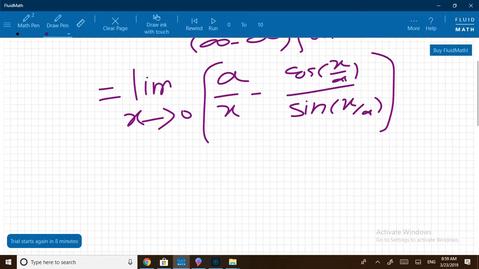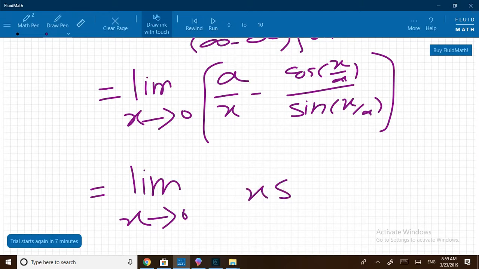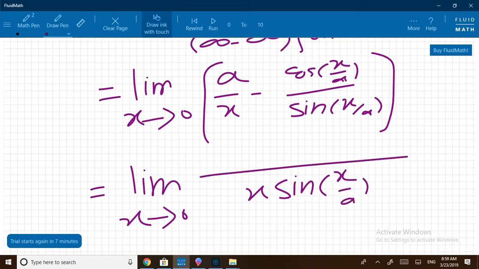So now take the LCM. The limit as x approaches 0. The LCM is x and sin of x by a, which gives a into sin of x by a minus x cos of x by a.